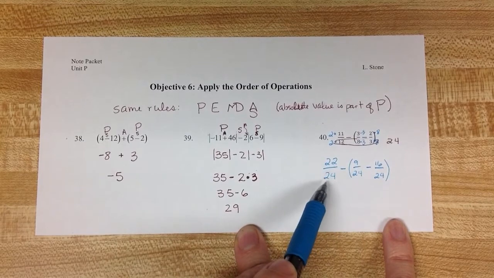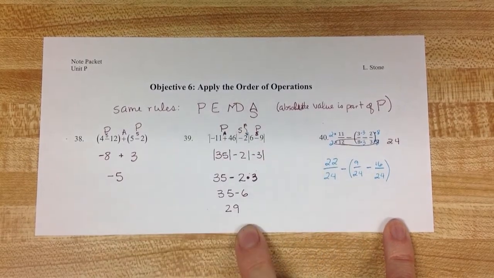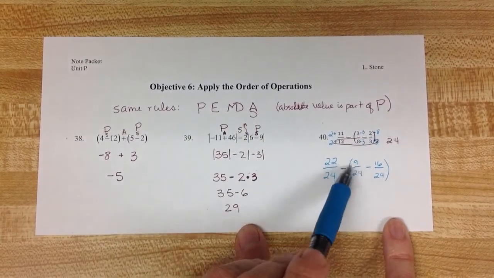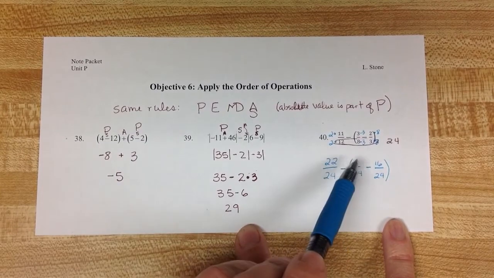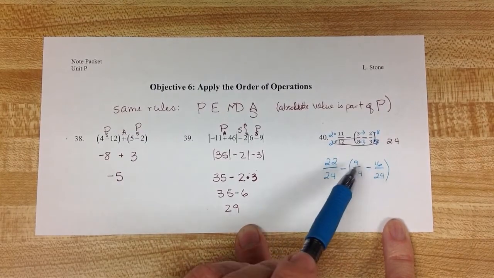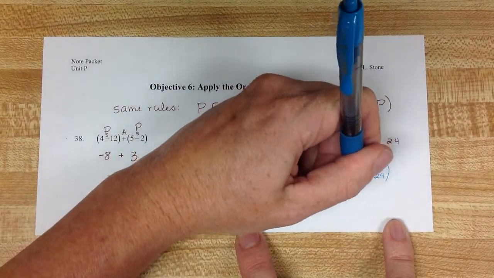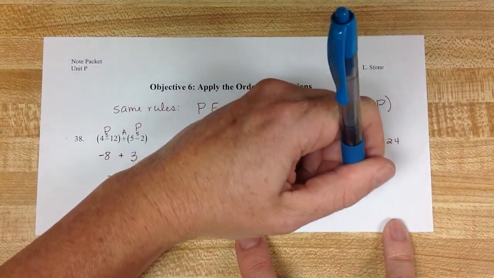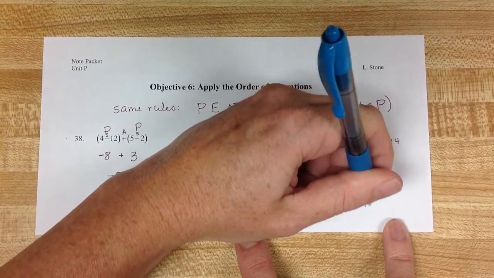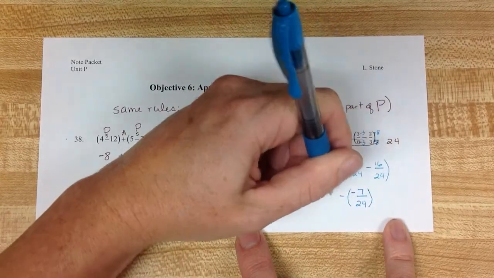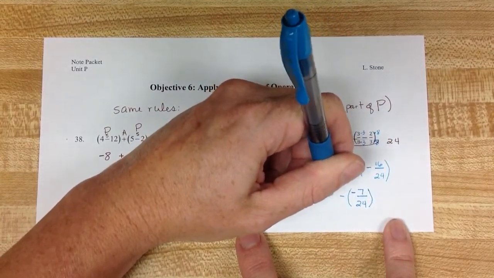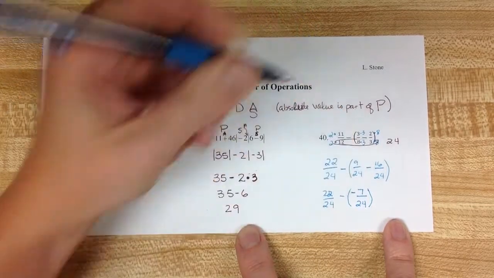Common denominators are here now, so I can focus on just following my order of operations. I've got subtraction to do inside the parentheses first. 9 minus 16 is going to give me a -7 24ths. I'll keep the parentheses for one more step here.